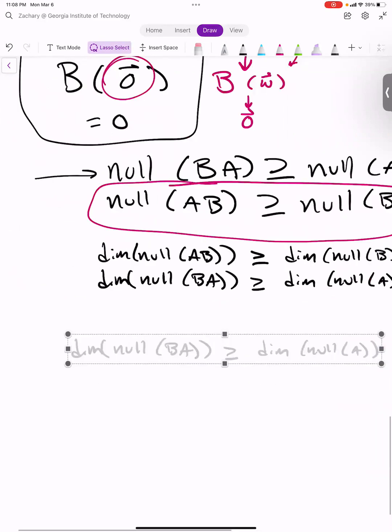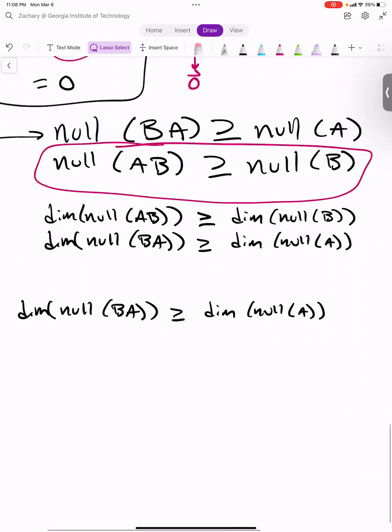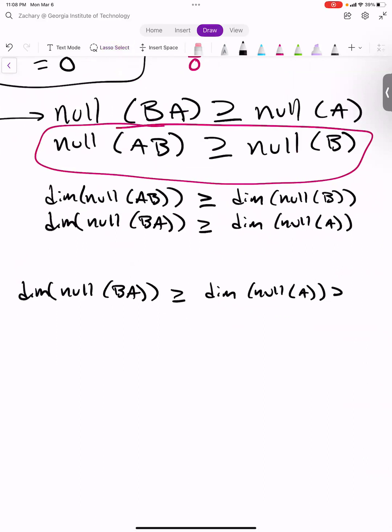For this question in particular, we knew this was greater than 0. So I can say the dimension of the null space of BA must be greater than 0, or if you prefer, greater than or equal to 1.